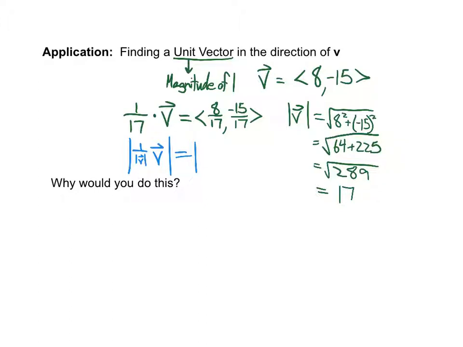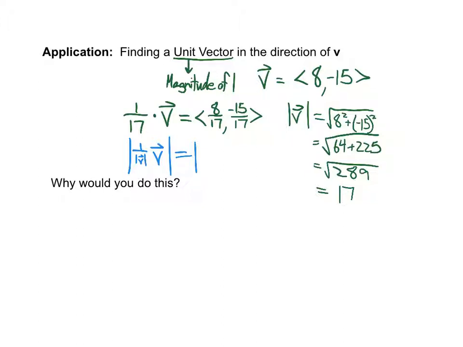We found its magnitude was 17, we multiplied by 1 over 17, so the result has a magnitude of 1. And that goes right back to what we said. If you do a multiple of a vector, it multiplies the magnitude by the same number. Doesn't matter if it's in a square root, you still put it under. Yeah, you can. It'd be nice to rationalize, but it still works.